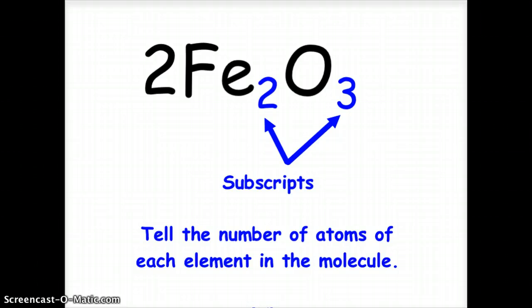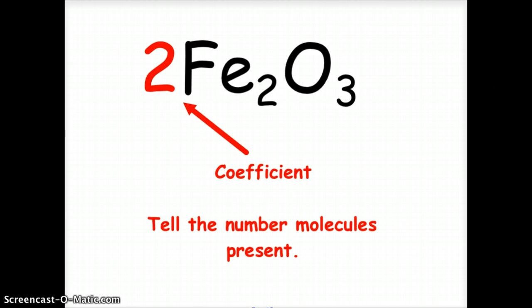Now, these little numbers, the subscripts, tell us how many atoms of each element are present. So we will have 2 atoms of iron and 3 atoms of oxygen. Now the big number in front, from math, we know is called a coefficient, like in 2x squared, where the 2 in front would be the coefficient.